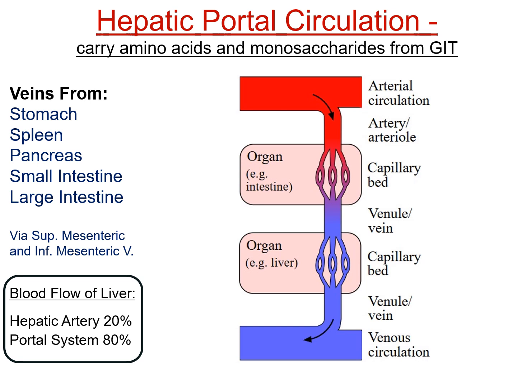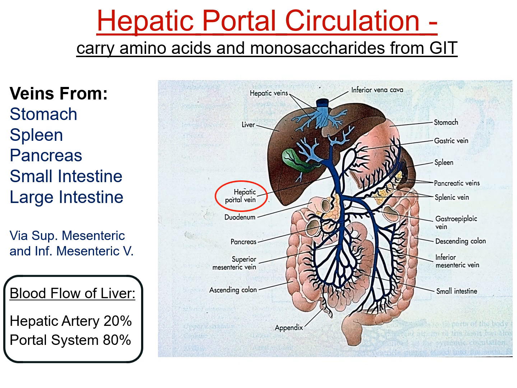That's true. That's sort of the intent. But what it's doing is it's screening through some of these things. And so what we see is about 80% going through that portal system, in order to screen things out that the body does not want or need to be secreted in the bile. And then back into the regular circulatory system. So that's the hepatic portal vein.